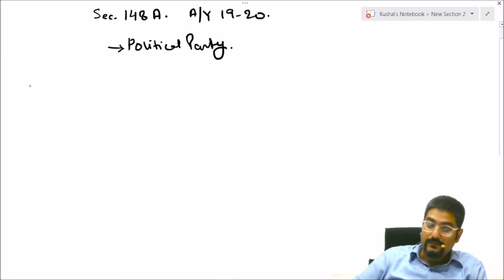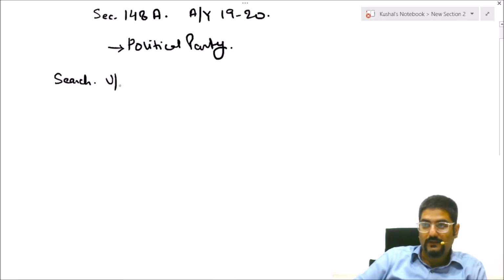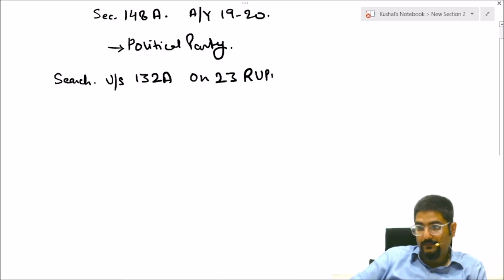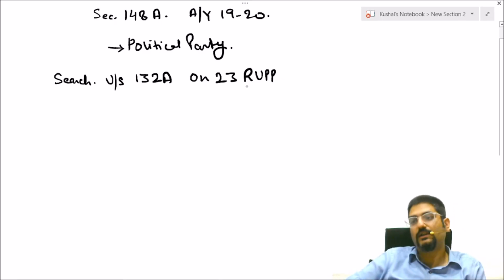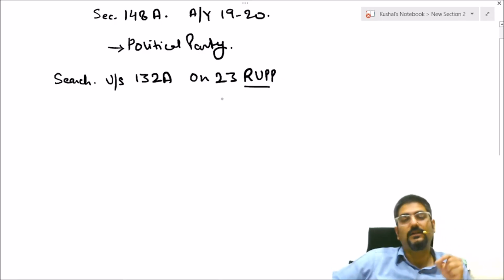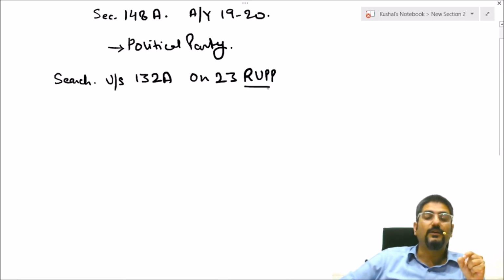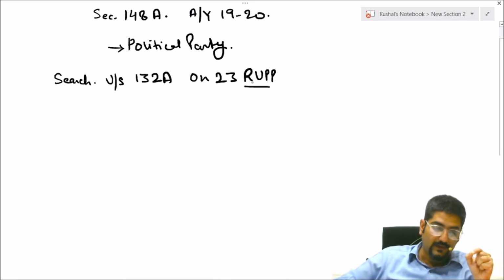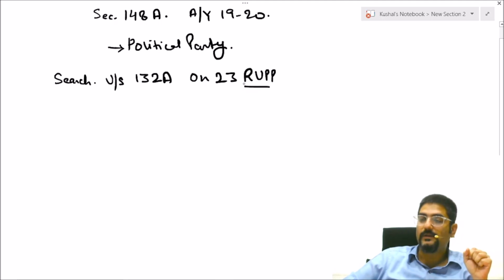Recently, the income tax department has conducted search operations under section 132A on 23 RUPPs. What is RUPP?